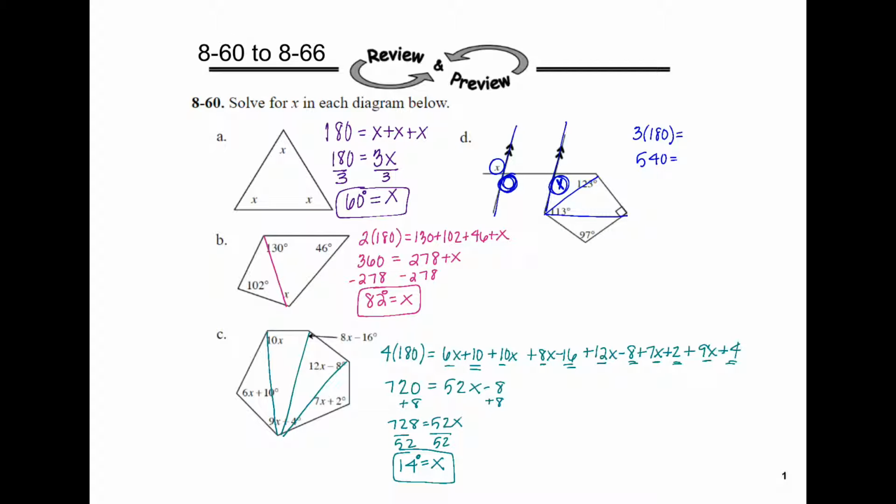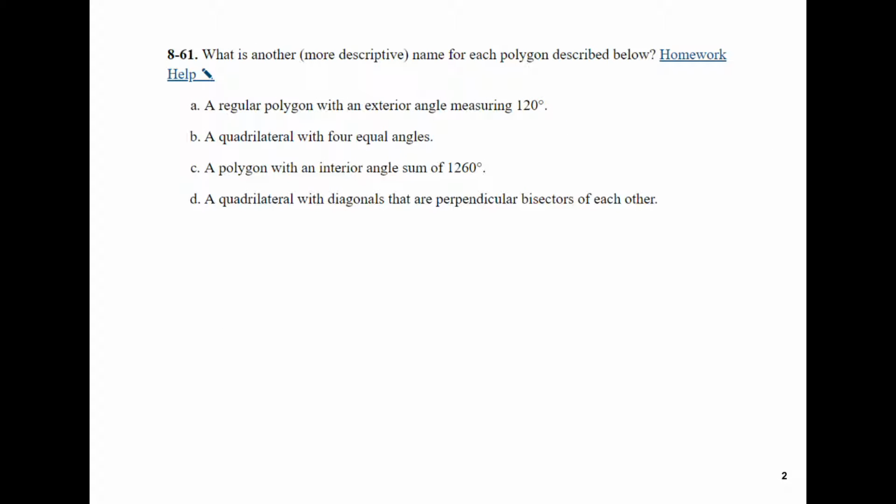So by adding our interiors, x plus 123 plus 90 plus 97 plus 113, and using our inverse operations, we get x to equal 117 degrees.